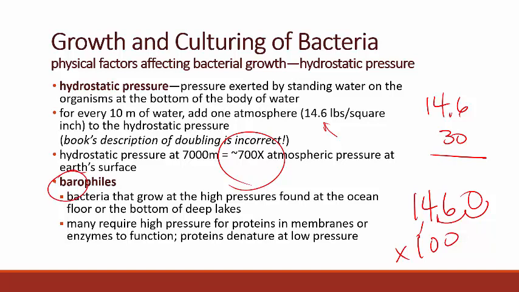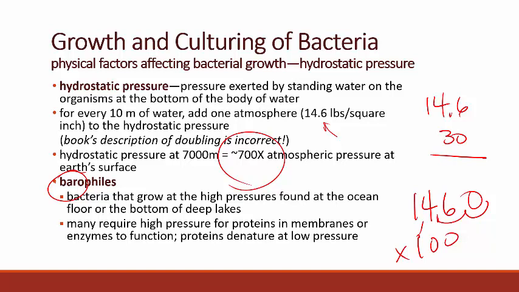Baro means pressure. So if you've taken anatomy and physiology, you talked about baroreceptors that are noticing blood pressure in the body, and a barometer measures air pressure. So barophiles like it. They like being at high pressures, like you would find at the bottom of a deep lake or down at the ocean floor underneath a mile of water.